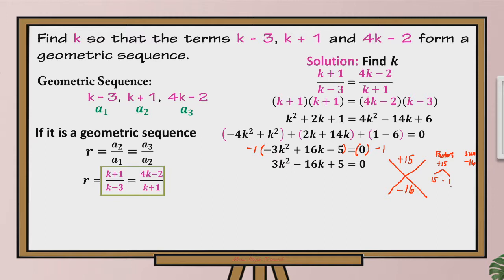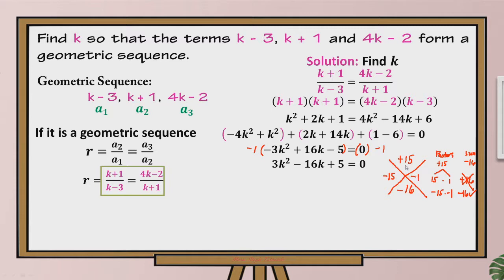Pero, if I'm going to add these numbers, 15 plus 1, the result is positive 16, which is hindi ang hinahanap natin. Another factors ng positive 15 ay negative 15 times negative 1. Yung result niyan ay positive 15 pa rin. And if I'm going to add these two numbers, the result is negative 16, which is yun yung hinahanap natin. Kaya, we are now sure that the factors that we are looking for are negative 15 and negative 1.